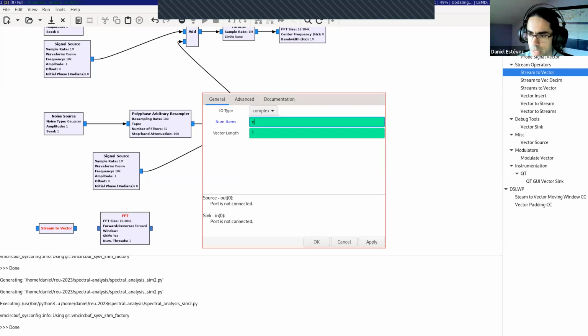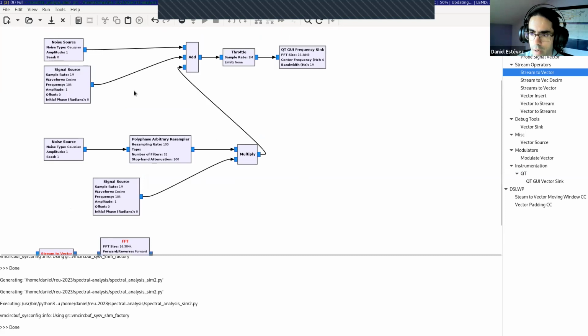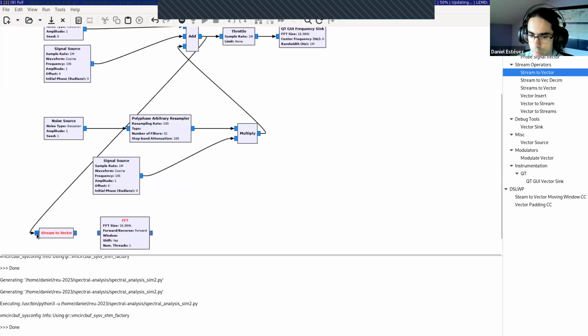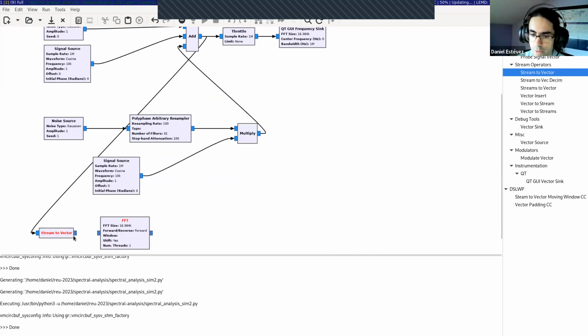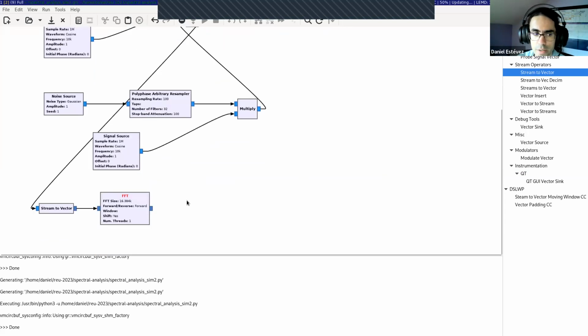The parameter it has is the number of items. And what it does is it groups blocks of 60,000 adjacent samples into a vector of 60,000 samples. It's as simple as that. So that's the way to feed data into the FFT. Remember always to use this stream to vector block.